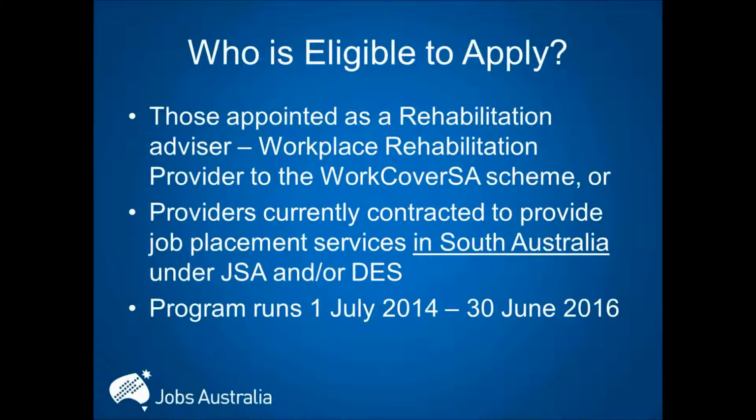So WorkCoverSA are looking at appointing a small panel of less than 8 providers. This is advice that they said at the information session last week. They're yet to determine what the final size and composition of the panel will be, and that'll depend on the applications that they receive.